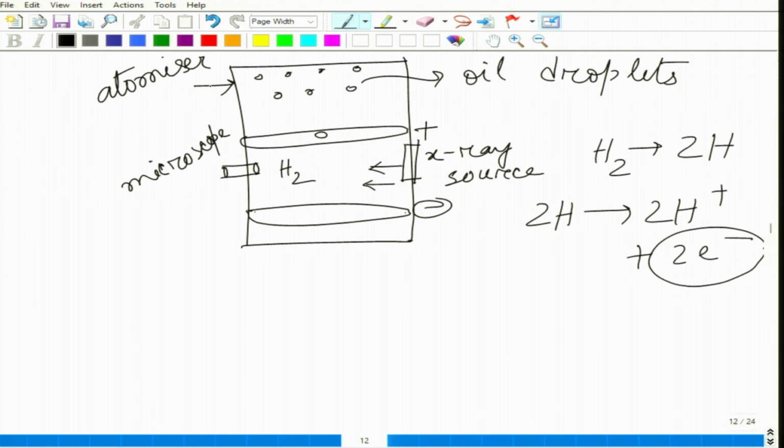Now from this atomizer, oil droplets were released into the chamber in the form of mist. Like now a single oil drop, if it passes through this hole and enters the chamber with the X-ray, the electrons generated from the gas in the presence of X-ray will ionize the oil drop.